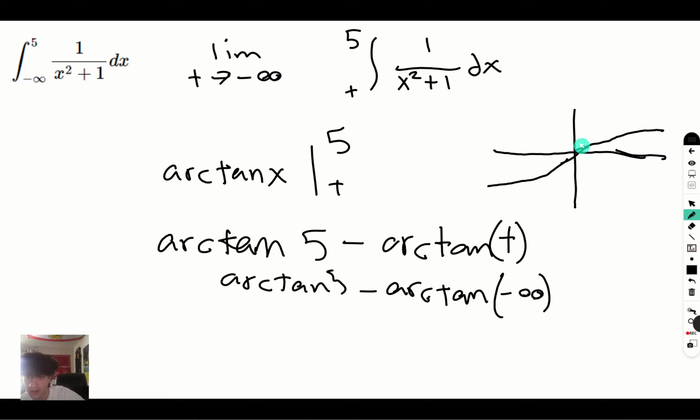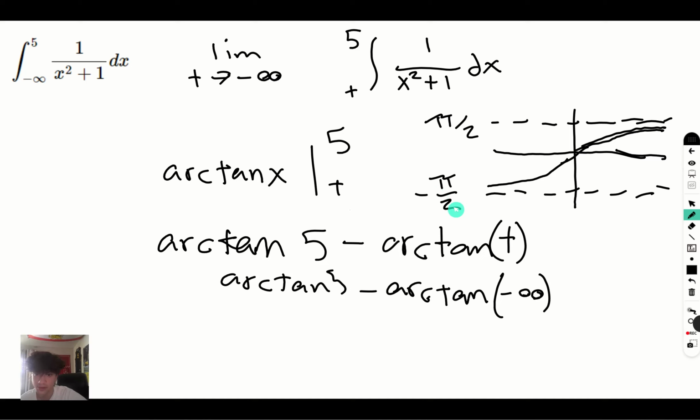And we're going to have two horizontal asymptotes. The top one being at pi over 2, and the bottom one being at negative pi over 2. And so as we see, as x approaches negative infinity, the y value approaches negative pi over 2.